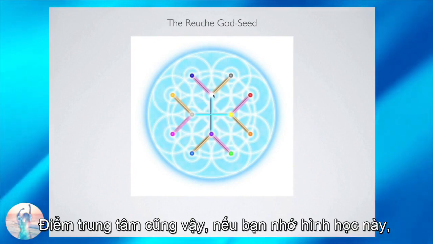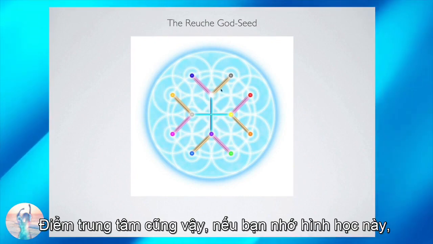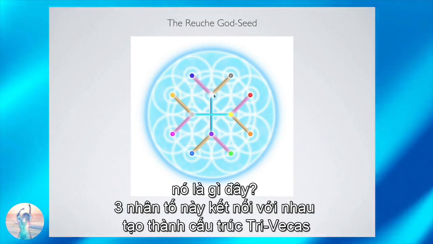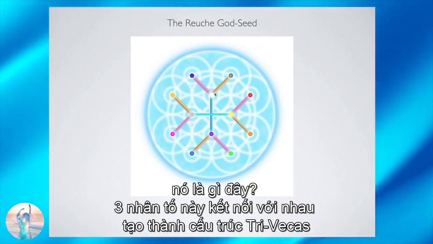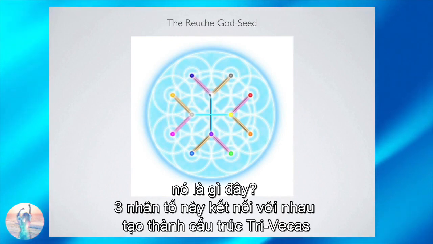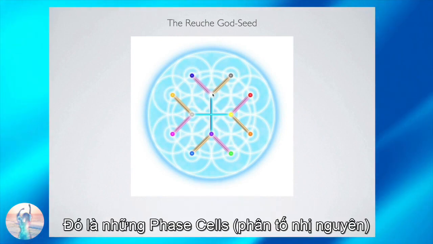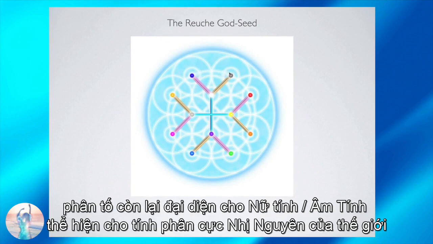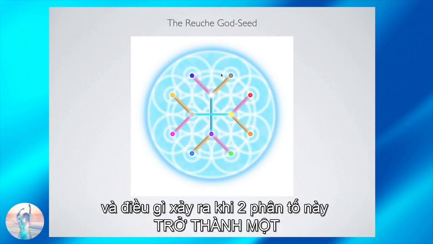So if you just remember this shape, these 3 cells together form something called a trivector. And what they are, they're phase cells. So one of these cells will be a male positive, and the other one will be a female negative, speaking in terms of polarity. And what happens is these 2 cells will phase together.